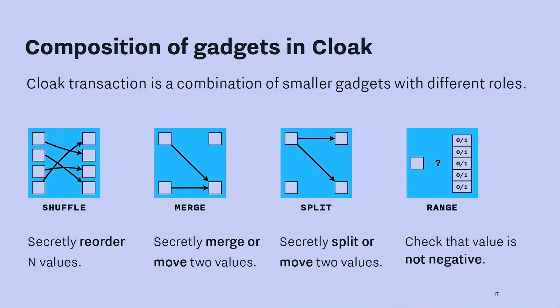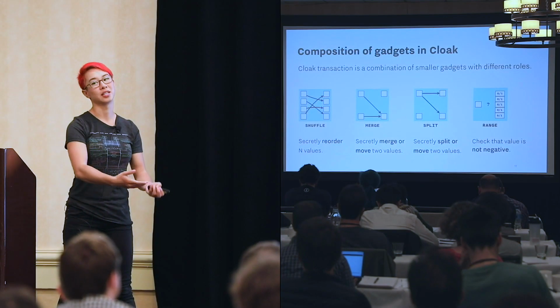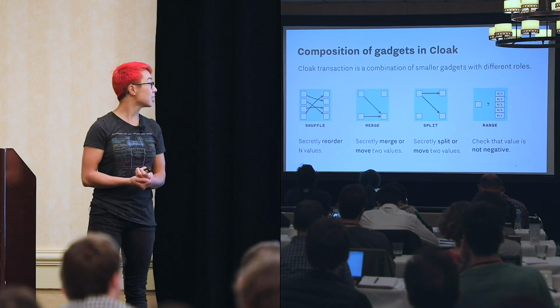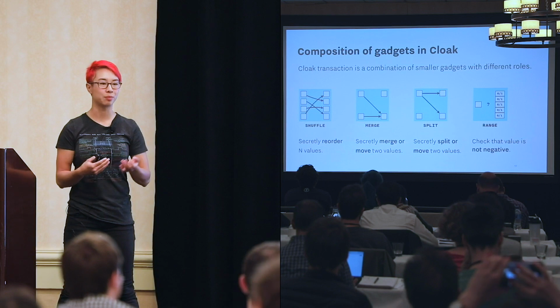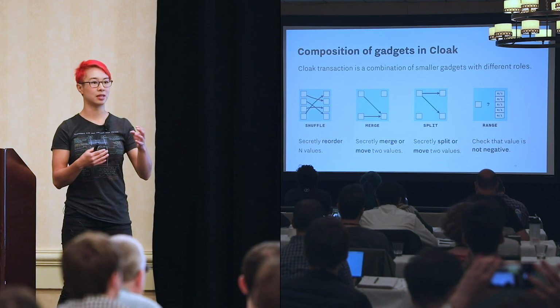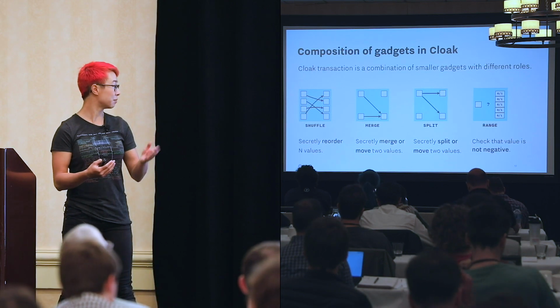So first, we have assembled a collection of gadgets that we would need in order to build this cloak protocol. Just as background, a gadget is a collection of constraints, and you can piece multiple gadgets together to make a constraint system. So the gadgets that we want are a shuffle gadget, which I just explained, basically proves that an output is a valid shuffling of an input.